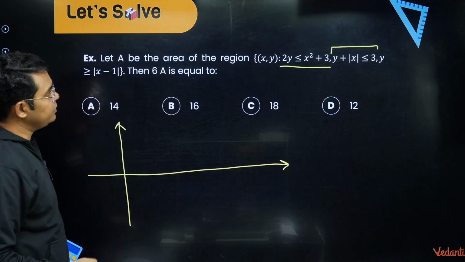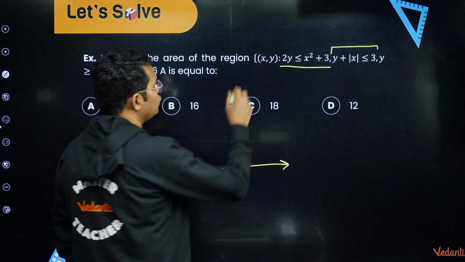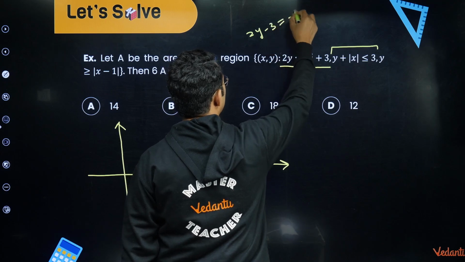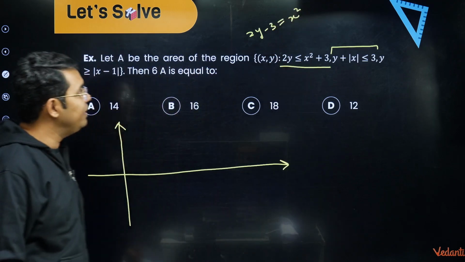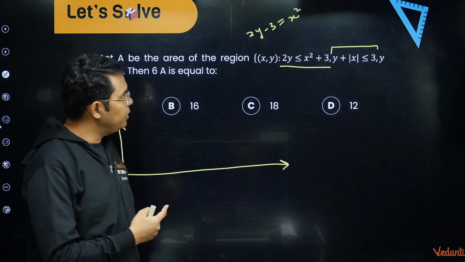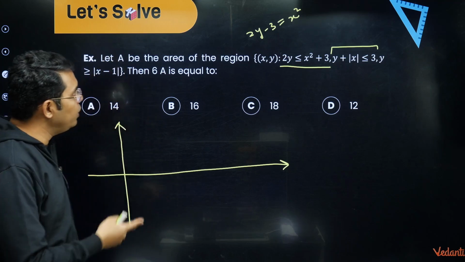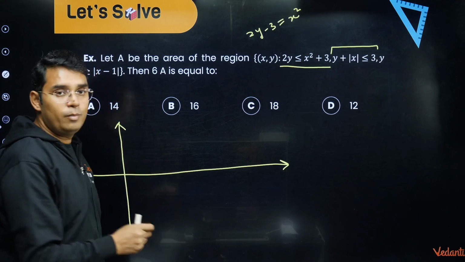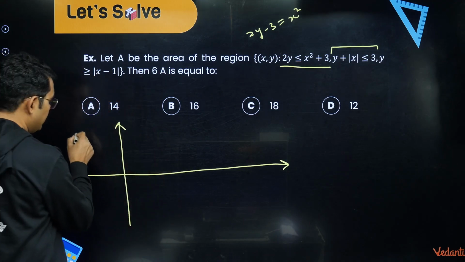So first thing is I can write it as 2y minus 3 equal to x square. Then I'll see how to deal with less than. So this is actually an upward opening parabola whose vertex will be at 0 comma 3 by 2. So it will be something like this.